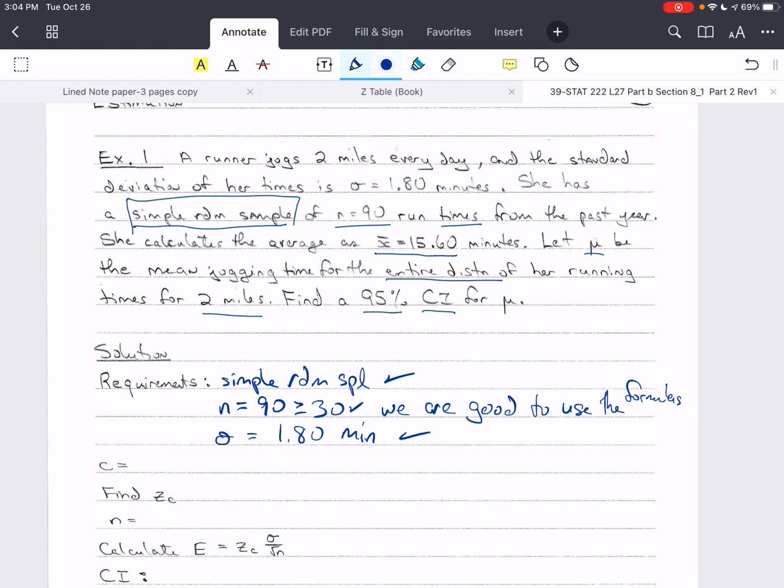Now, how do we find C? Well, go and look for the words confidence interval, and usually the percentage that's the confidence level is right in front of those words. And in this case, it's 95%.